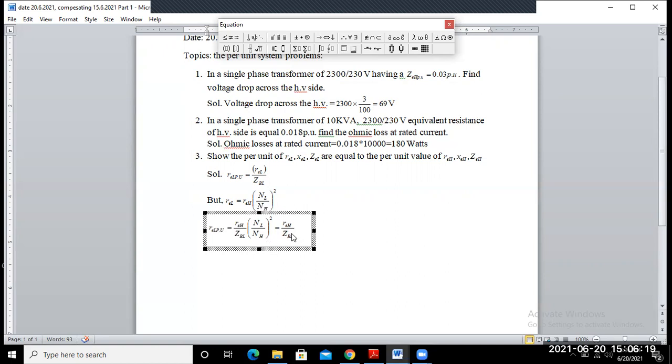So just here multiply by N_H by N_L whole to the power 2.